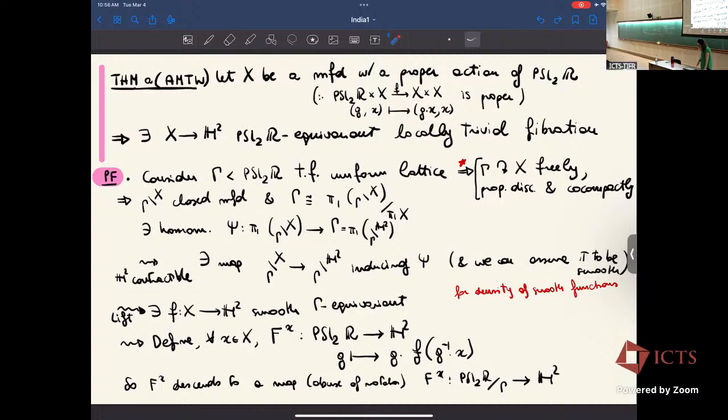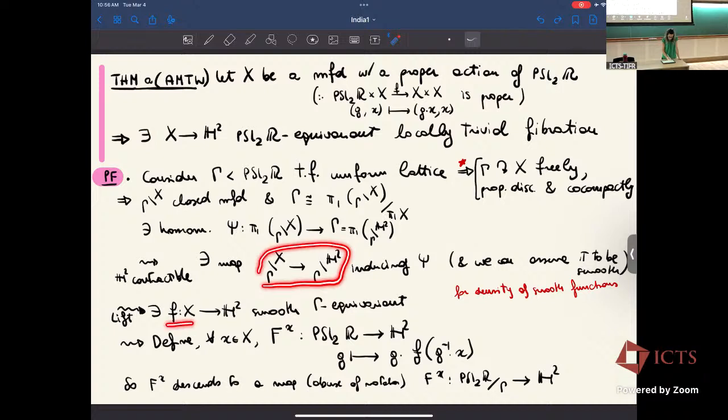This map you cannot immediately assume to be smooth, but you can smooth it, just using the density of smooth functions. And so what you can do then is lift this map to a map that I call little f, a smooth map from X into H2, that is gamma-equivariant. This is not the map that we will use, but we will get there soon.